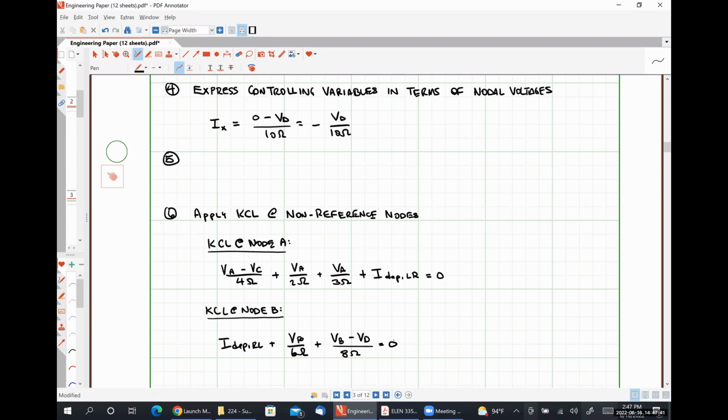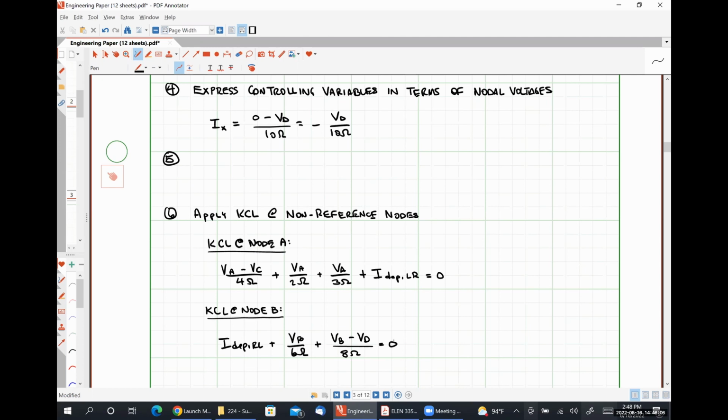So we're going to pause here for a moment and make an observation. Our KCL equation at node A contains the current that's flowing through my dependent source from left to right. And my KCL equation at node B contains the current that's flowing through my dependent source from right to left.